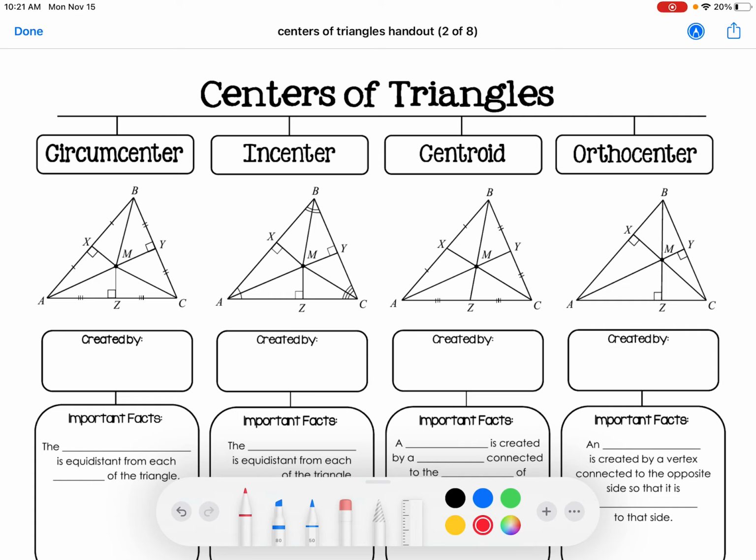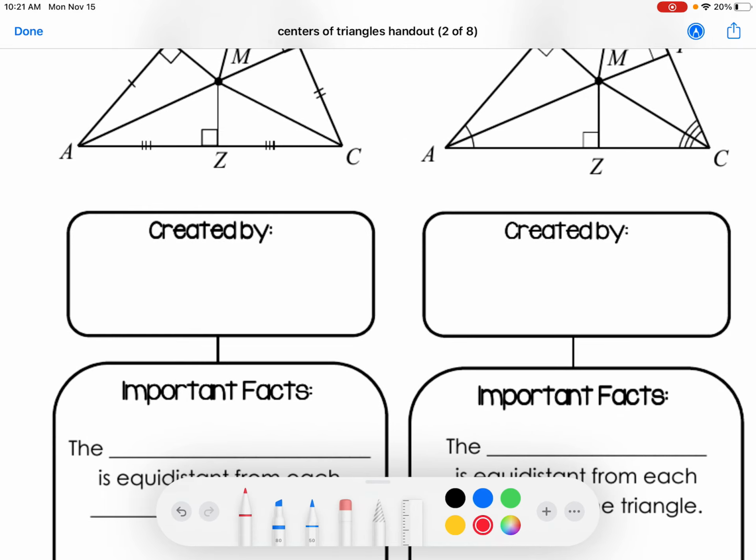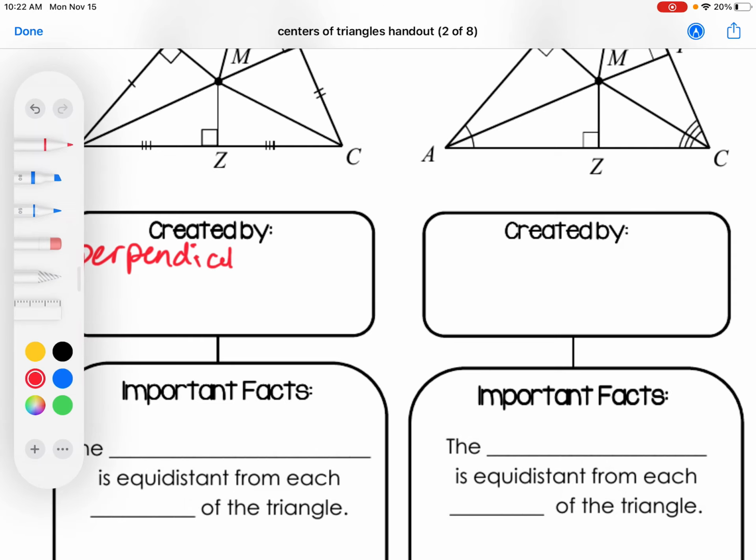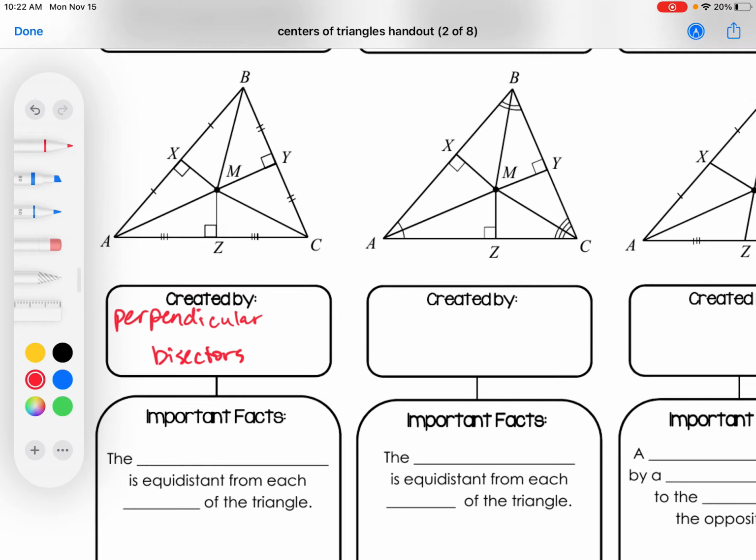All right, so the first one we're looking at here is the circumcenter. Our circumcenter is created by perpendicular bisectors. Remember what that means.